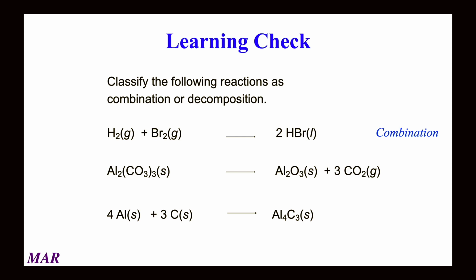You can probably see that that one complex piece is breaking down to 2 pieces. That's a decomposition reaction. And then finally, the last one, aluminum and carbon are making what's called aluminum carbide. Multiple pieces making 1 piece, combination reaction. Nice job.